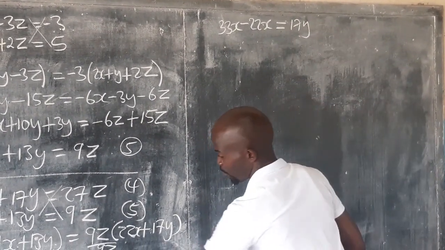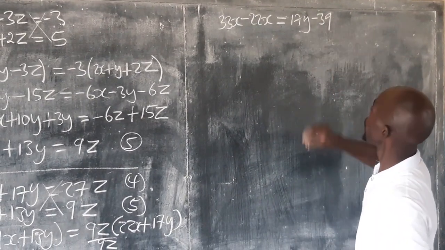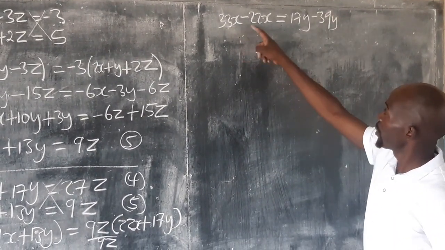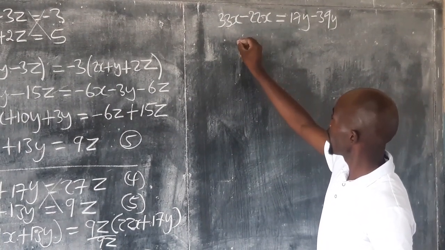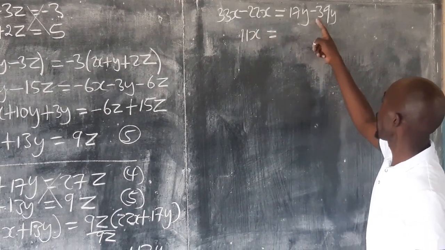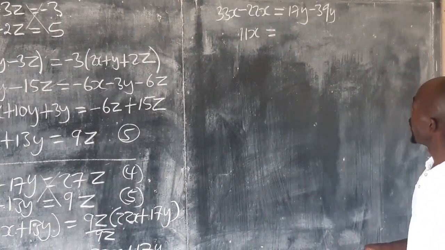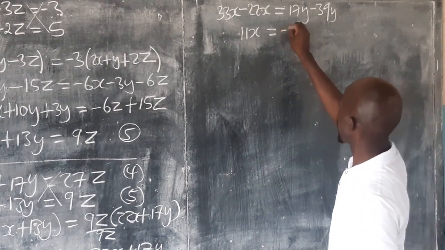Then the additive inverse of positive 39y is negative 39y. 33x minus 22x gives me 11x equals 17 minus 39 gives me negative 22y.